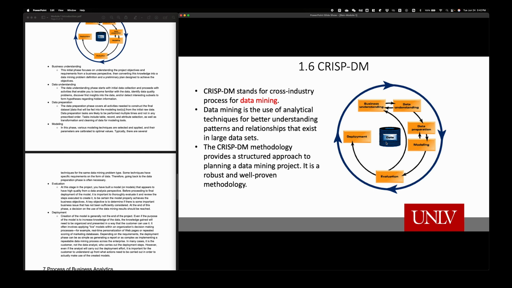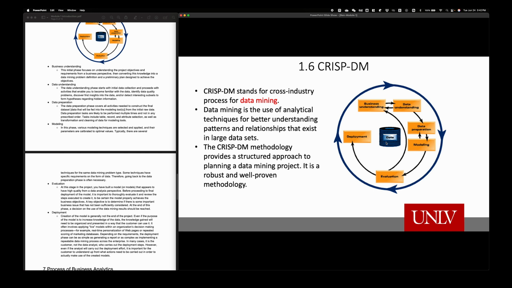Data mining is the use of analytical techniques to uncover patterns or relationships hidden inside large datasets. You can view business analytics as the implementation of data mining in a business context. And CRISP-DM is more than just a concept. It's a structured, reliable, and widely adopted methodology that helps guide data mining projects from start to finish.